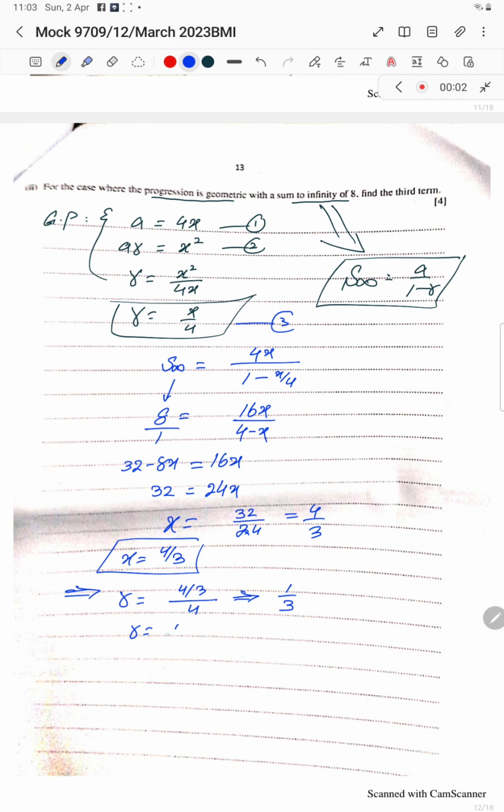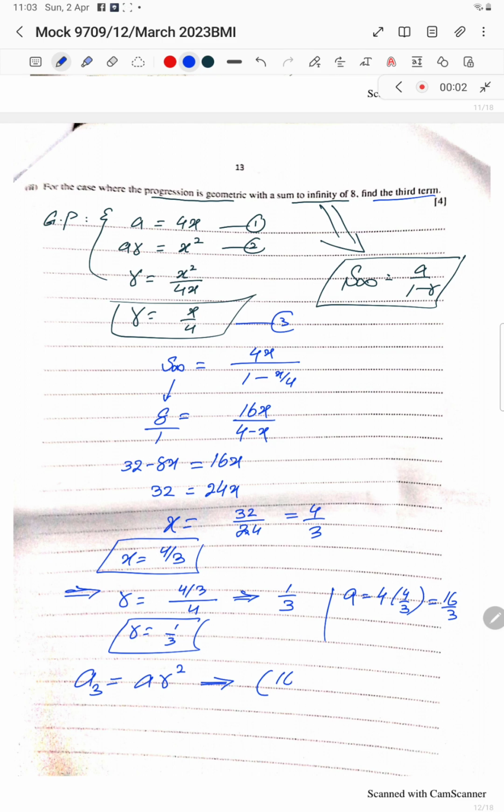So r is 1 by 3, and what we are looking for is the third term of the GP. The third term of the GP is ar squared. We also need a as well. After placing x is 4 by 3, a is equal to 4 into 4 by 3, that gives 16 by 3.